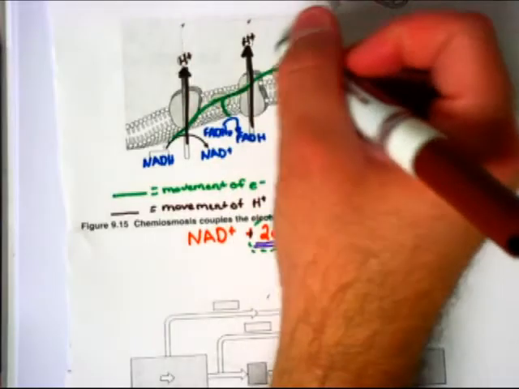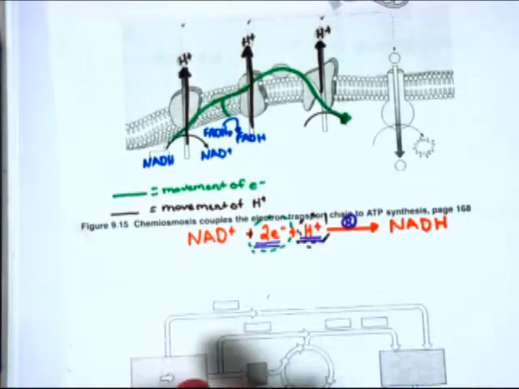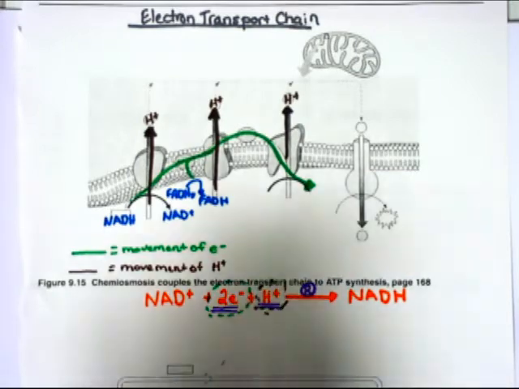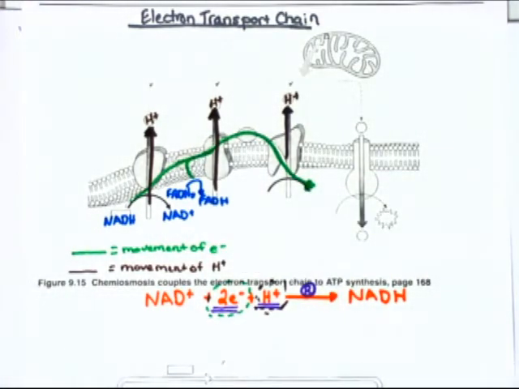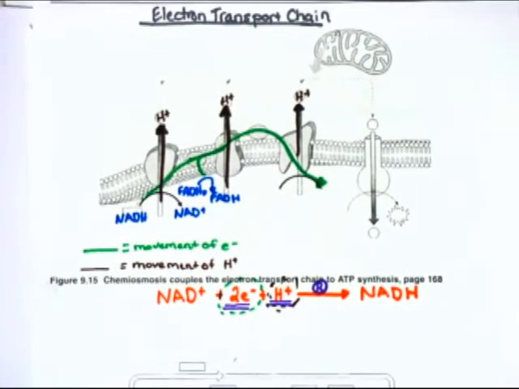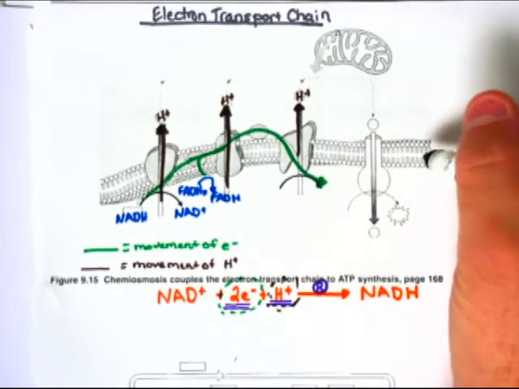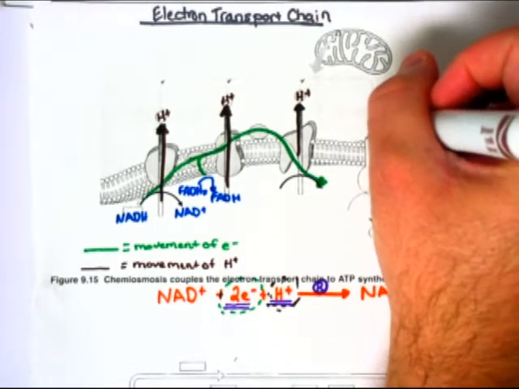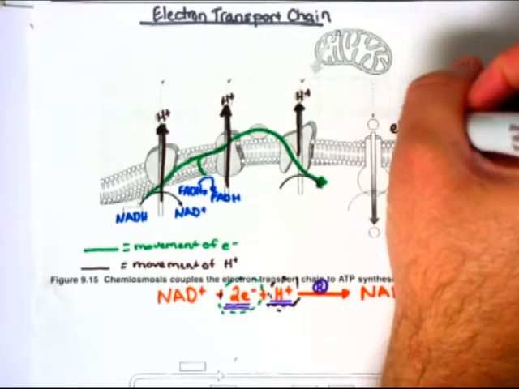What are you creating with the greater addition of H pluses? If you bring all these H pluses to the outside, more potential energy is going to be built up. Right, so you are creating the electrochemical gradient.